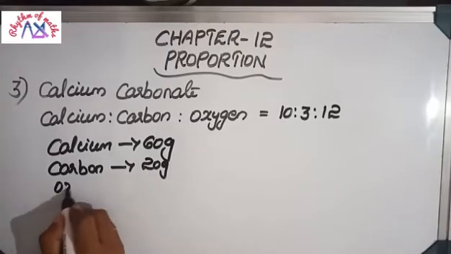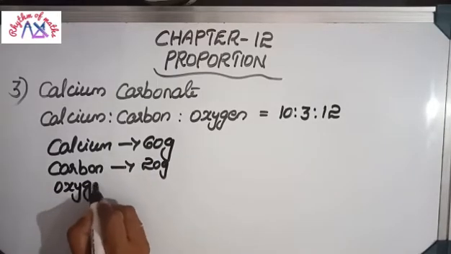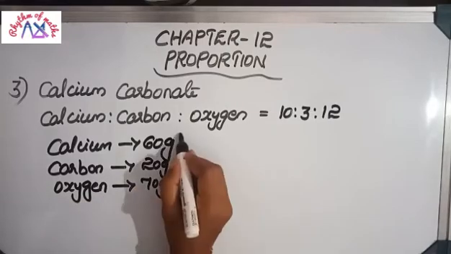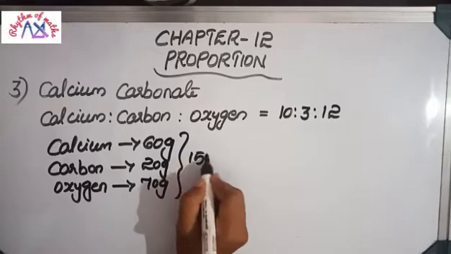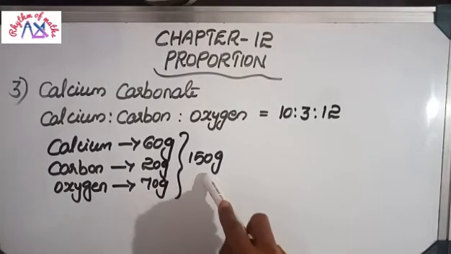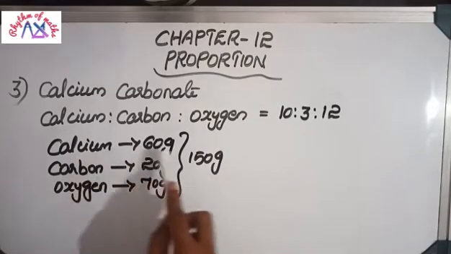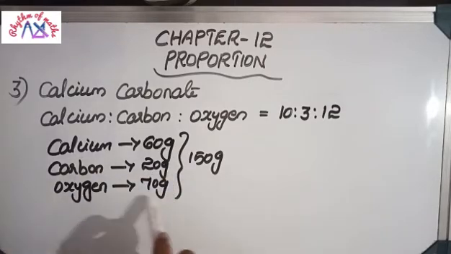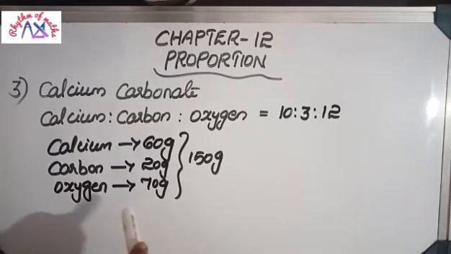Then oxygen quantity analyzed is 70 gram. So total 150 gram of a particular compound. We don't know whether it is calcium carbonate, just a compound we analyzed. Question is, is it calcium carbonate?